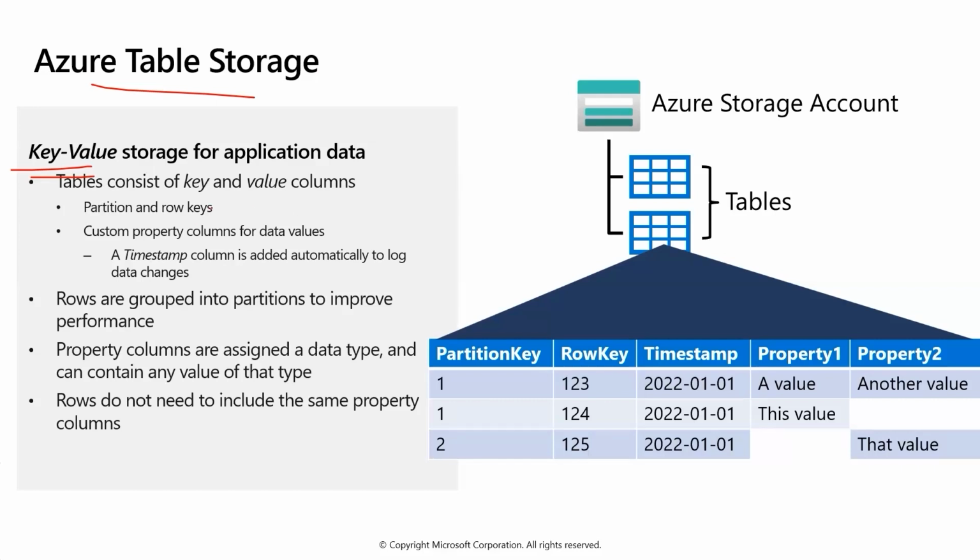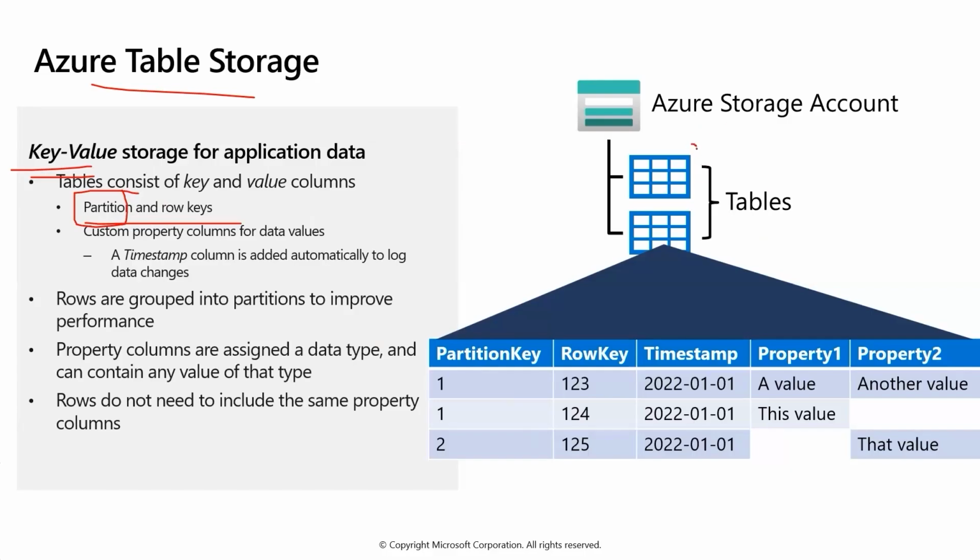Now, when it's in the form of key value columns, you don't have any primary column as such, but you can have partition and row keys. So what do I mean by partition and row keys? When I say partition your table, that means you're grouping your records, right? You can see in this example, I have a table.